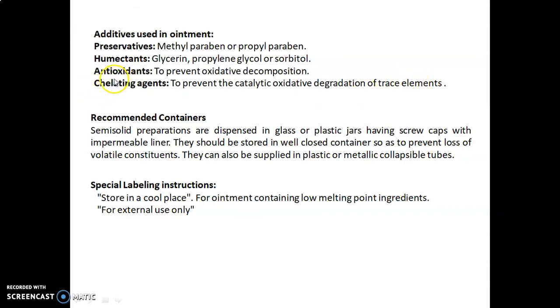Examples of antioxidants are BHA, butylated hydroxyanisole, or BHT, butylated hydroxytoluene. The best example of a chelating agent is EDTA, ethylenediaminetetraacetic acid, also known as a sequestering agent.